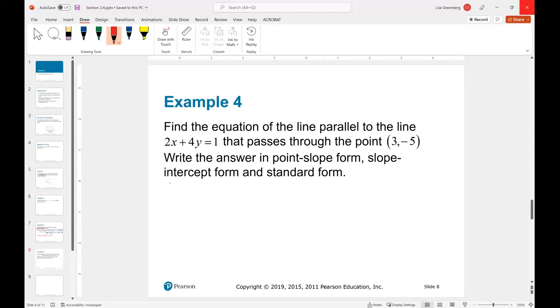I get 4y. I'm subtracting 2x from both sides. So I get minus 2x plus 1, right?